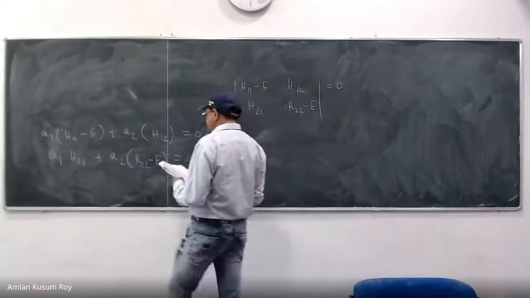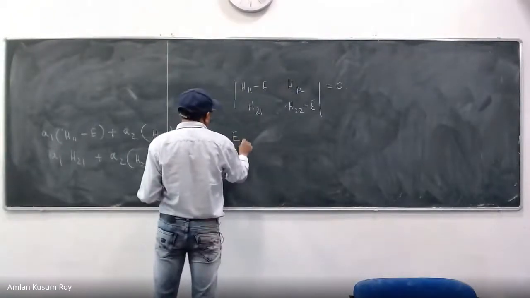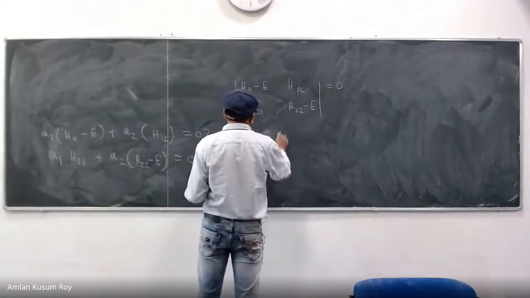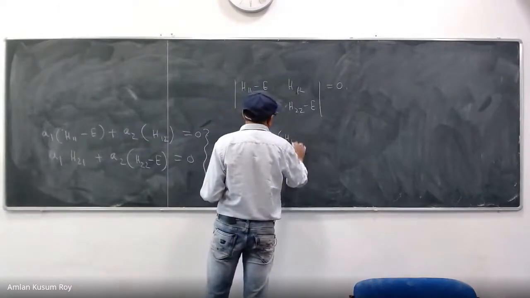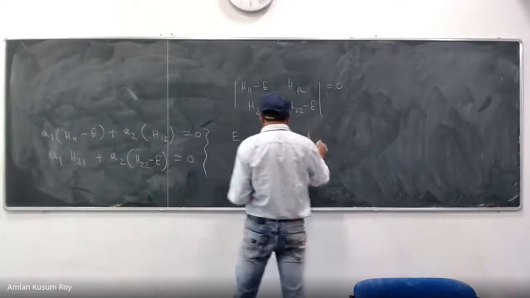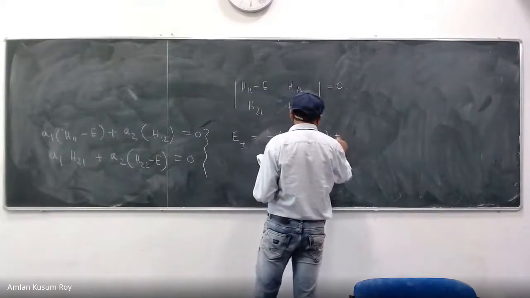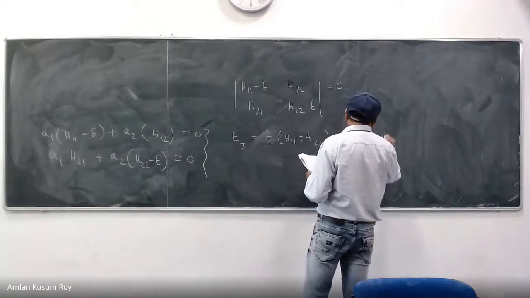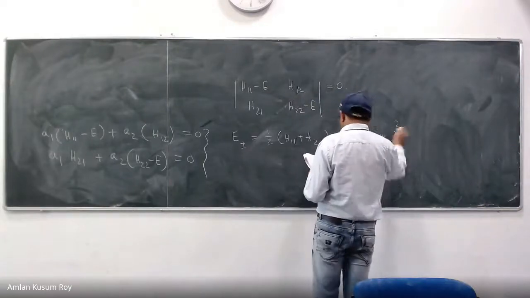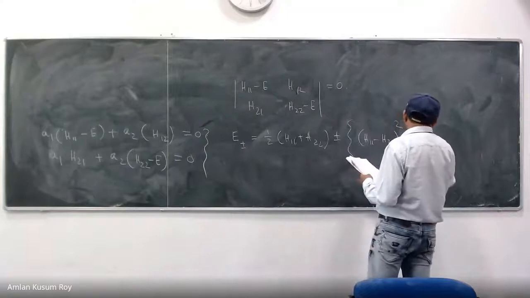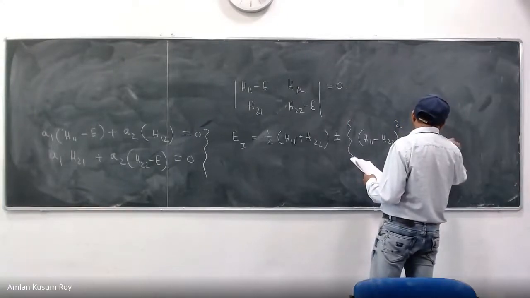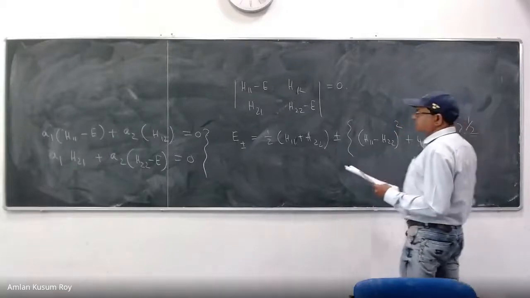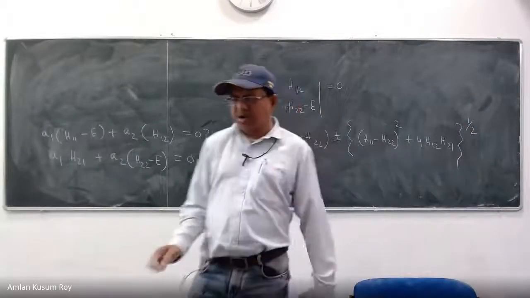I can expand the determinant to write this quadratic equation: half of H11 plus H22, plus or minus, H11 minus H22 squared plus 4 H12 H21, and half. This is my solution, the E plus and E minus I have given.